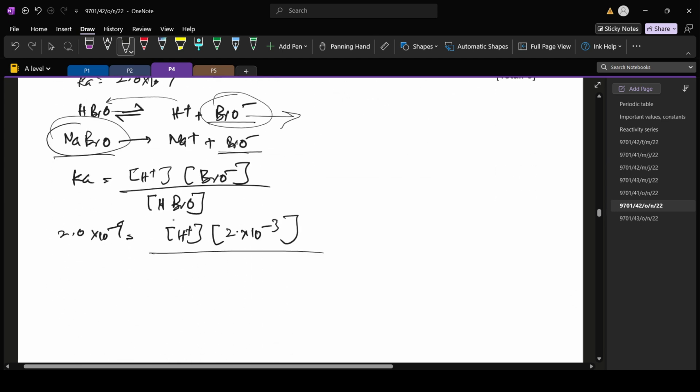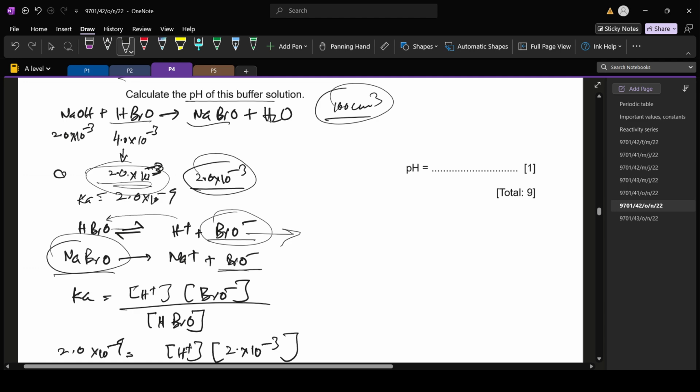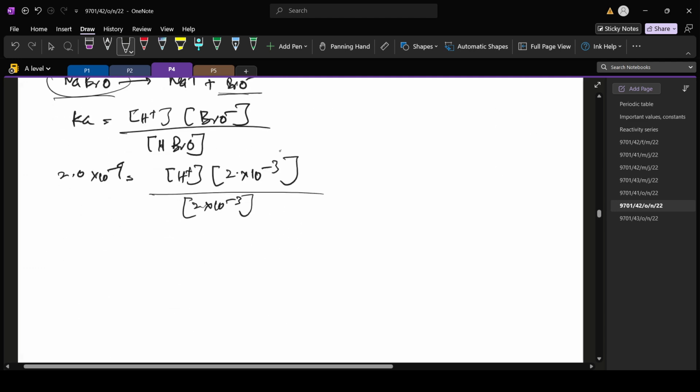And the concentration of HBrO at the end is 2 into 10 to the power minus 3. So this cancels out with this, and the concentration of H plus ions is equal to 2 into 10 to the power minus 9.